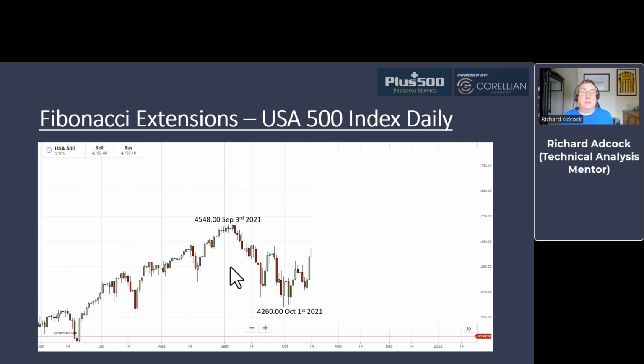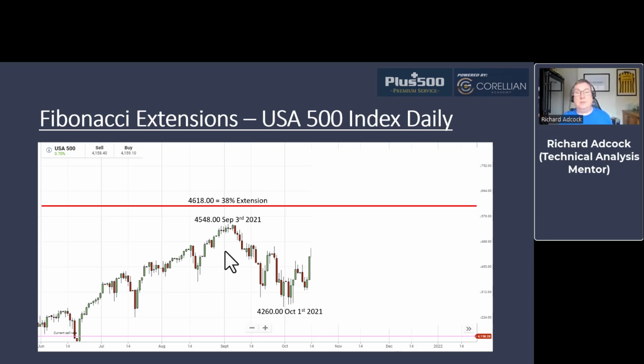We have the significant high posted on September the 3rd and the significant low posted on October the 1st, that we can then, if we start to break to new highs, project the extension levels with the set percentage points to look for possible resistance areas and possible failure levels within the current advance of upside movements.